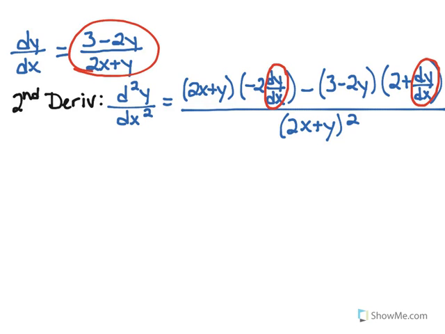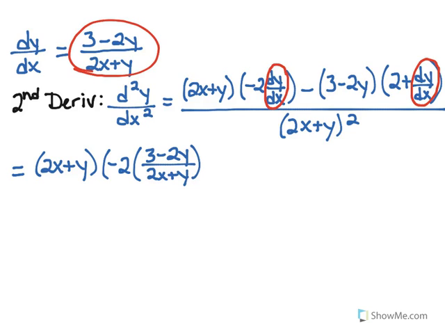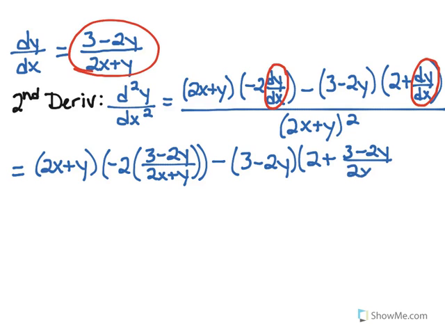So here we go. Our second derivative will be (2x plus y) times negative 2 times (3 minus 2y) over (2x plus y), minus (3 minus 2y) times (2 plus (3 minus 2y) over (2x plus y)).